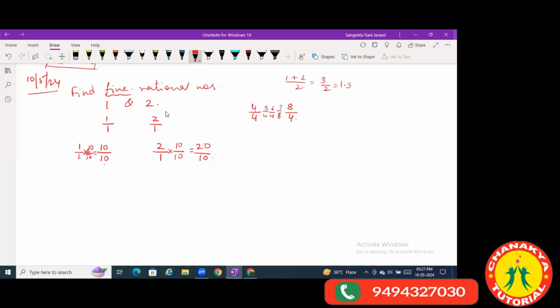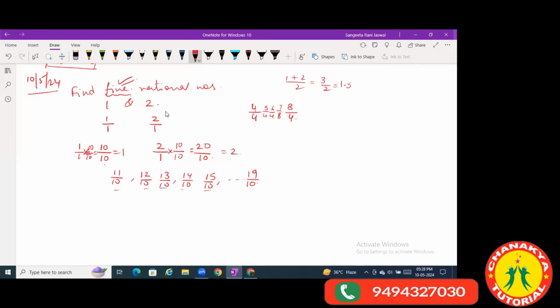Between 10 by 10 and 20 by 10, where 10 by 10 is 1 and 20 by 10 is 2, I can get 11 by 10, 12 by 10, 13 by 10, 14 by 10, 15 by 10, and so on till 19 by 10. Out of these I just have to take 5: 1, 2, 3, 4, 5. Right? Understood this?